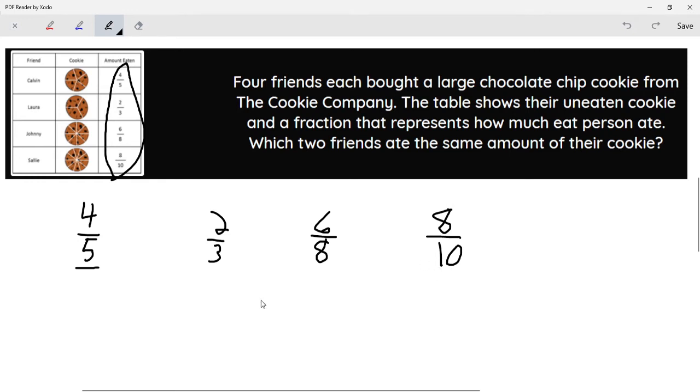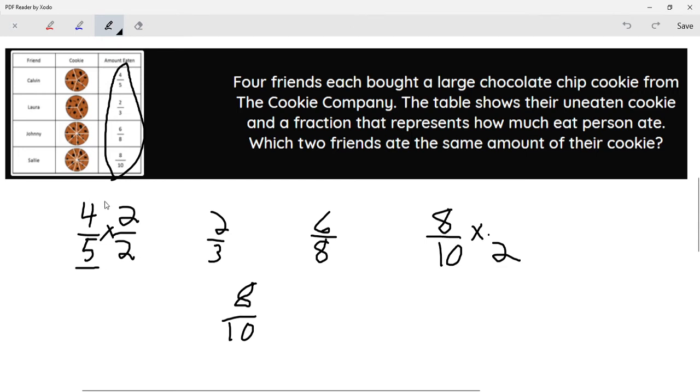Now we're looking at 8/10. Now, 5 times 2 equals 10. So I would multiply this by 2. And if this is an equivalent fraction, then I can multiply both top and bottom by 2, and it would give me this. So 4 times 2 equals 8, 5 times 2 equals 10.